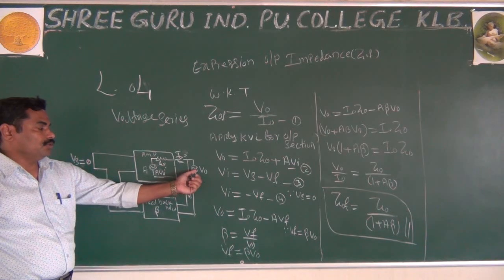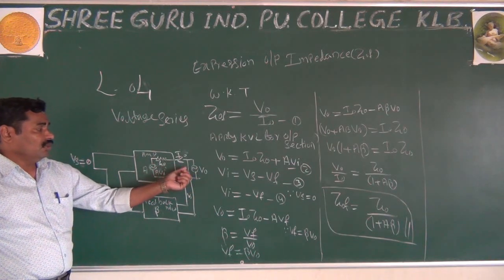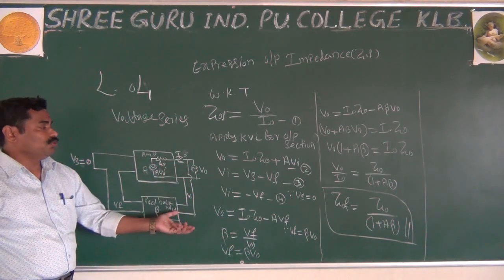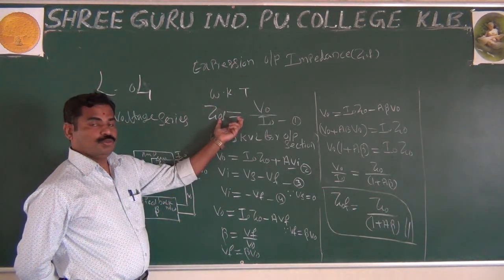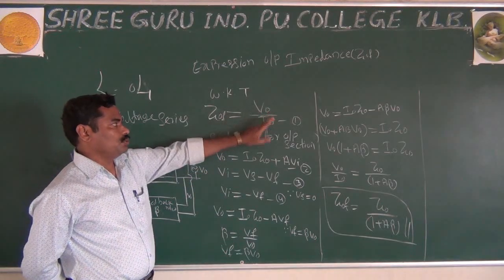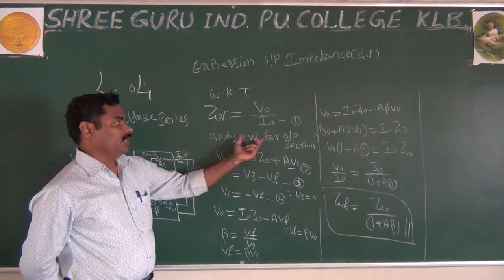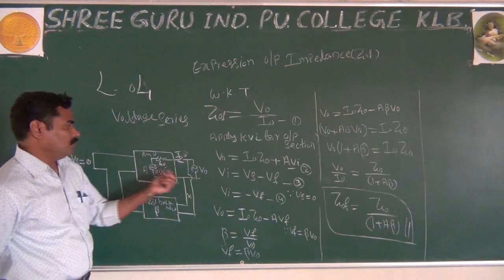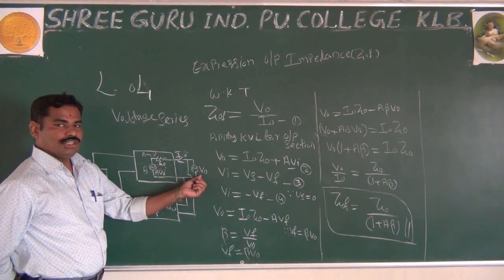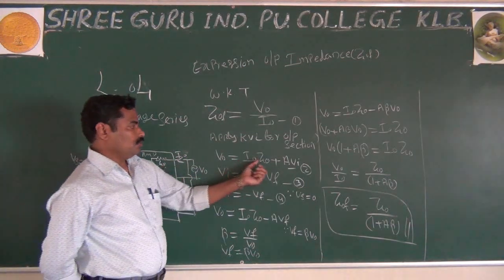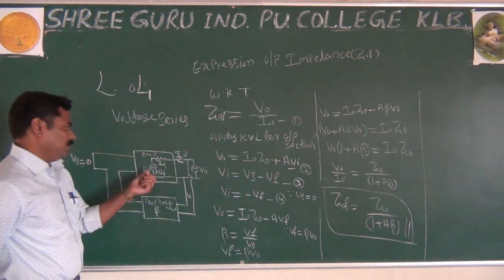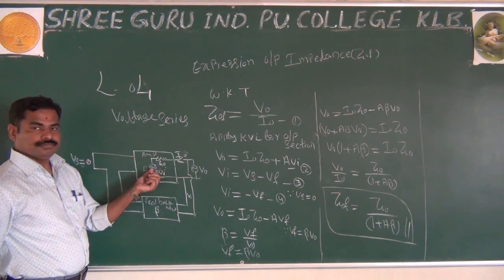Then the output impedance is the ratio of output voltage to output current, and we apply KVL to the output section. Here the output voltage is nothing but I naught Z naught plus AVi.